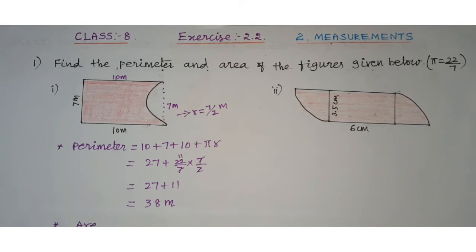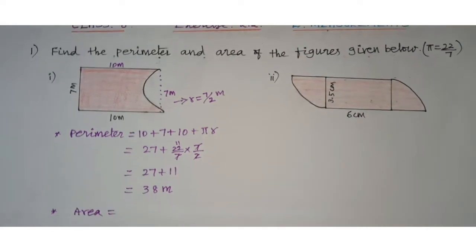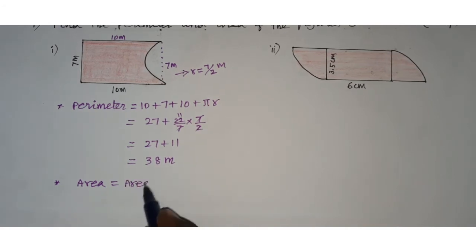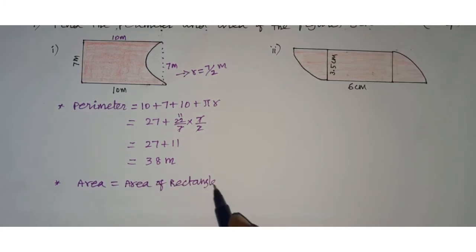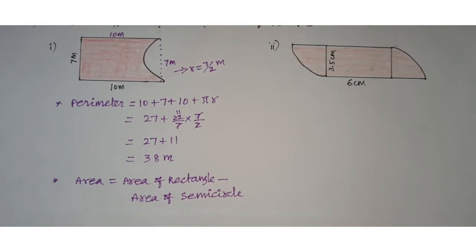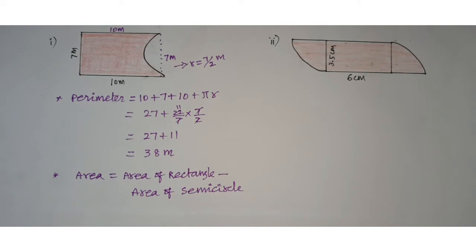Now area. Area is nothing but a semicircle portion cut from the rectangle. So area of the rectangle, from that, cut means minus, area of semicircle. The diagram looks like a rectangle from which a semicircle portion is cut out.